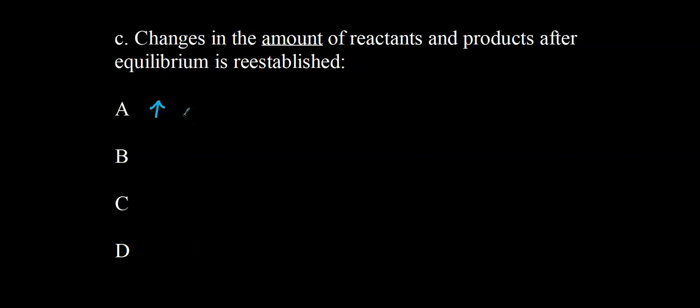Well, B is also being produced faster than it's being used up, but what caused that in the first place? What caused that is removing some B from the container, and the system can only partially counteract the stress, so ultimately the amount of B will decrease. Once again, how do you make more B? Well, you make more B by reacting C and D faster. And so the amounts of both C and D are going to decrease.